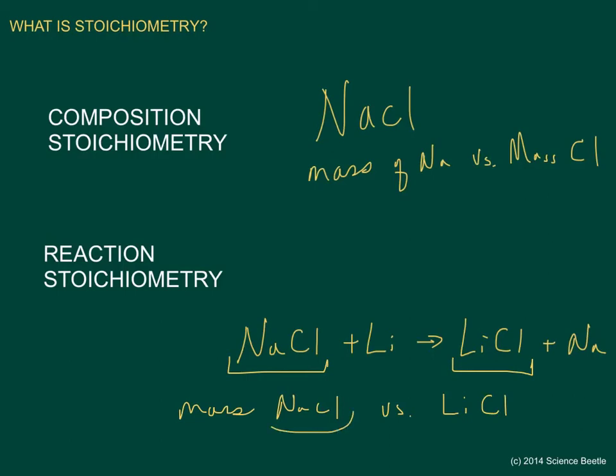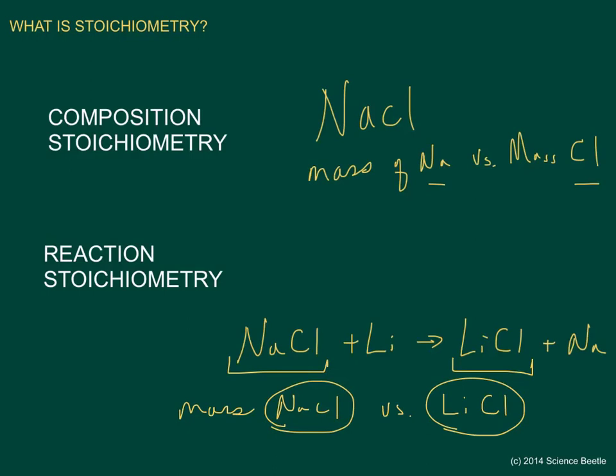Notice that the mass of sodium chloride is going to be a large number relative to the lithium chloride, and this is going to be extremely big compared to individual atoms such as sodium or chlorine in the composition style stoichiometry.